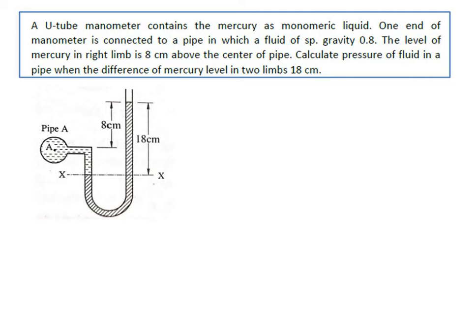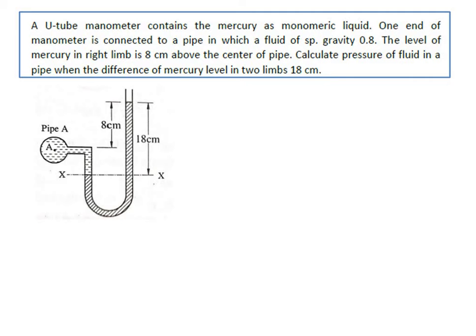Now this is the problem where pipe A is connected to a U-tube manometer, with the help of which we want to measure the pressure inside pipe A.